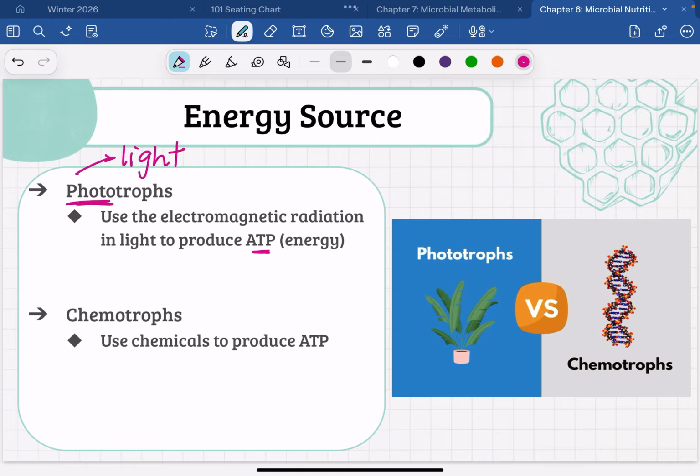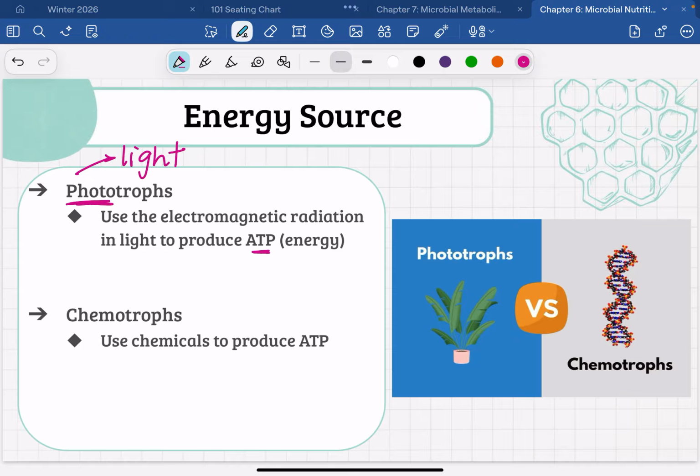So they use the energy produced by light waves to make their own ATP. Okay, those are called phototrophs. And a good example of a phototroph is a plant. A plant sits out in the sun, it stretches out its green leaves, and those green leaves soak up the electromagnetic radiation and produce ATP.